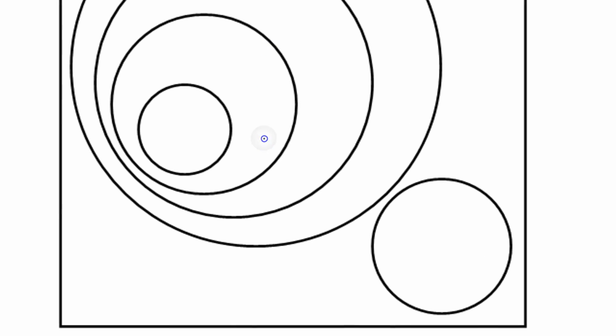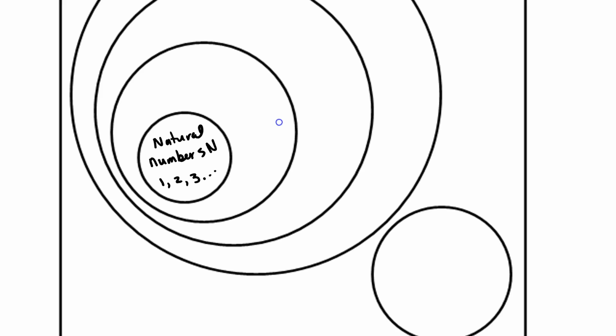This one right here, in the middle, is going to be the natural numbers, which we use the letter N to describe, and it includes 1, 2, 3, etc. So it's not going to be anything negative, and it's the number system starting at 1.